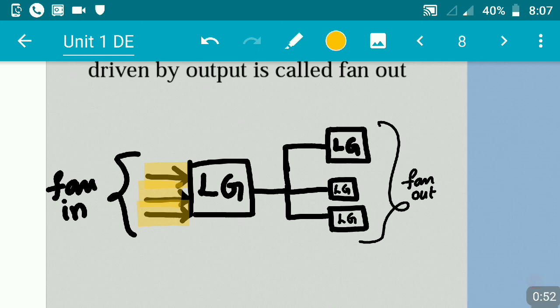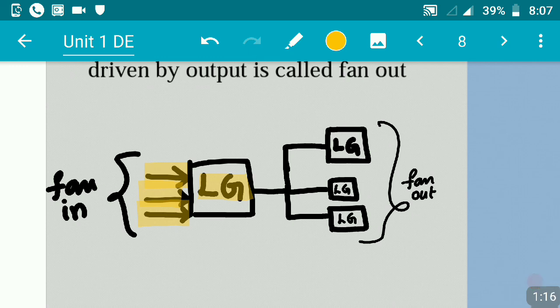Logic gates are nothing but ICs, wherein these ICs can be made up of any of the given logic families, for example TTL, ECL, CMOS, and so on. So whenever I say logic gate, it definitely means a digital electronic circuit.